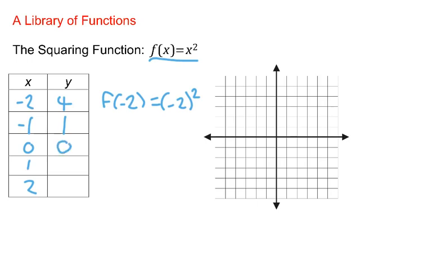If x is 1, 1 squared is 1. 2 squared is 4. Let's see what that graph looks like. So negative 2, 4 would be right there. Negative 1, 1 is here. 0, 0, 1, 1, 2, 4. And you can kind of see that this would be something like a U shape.